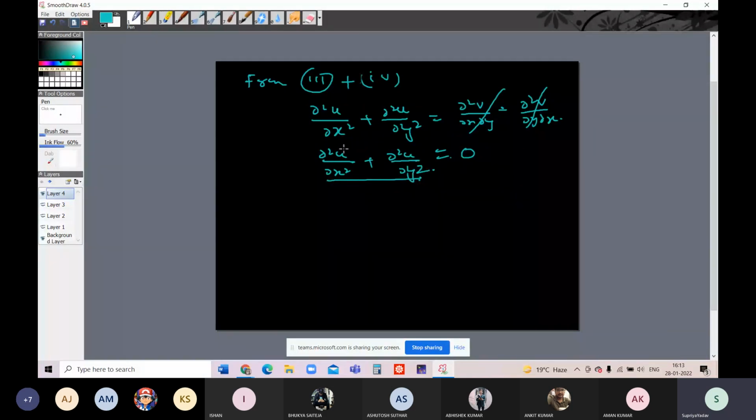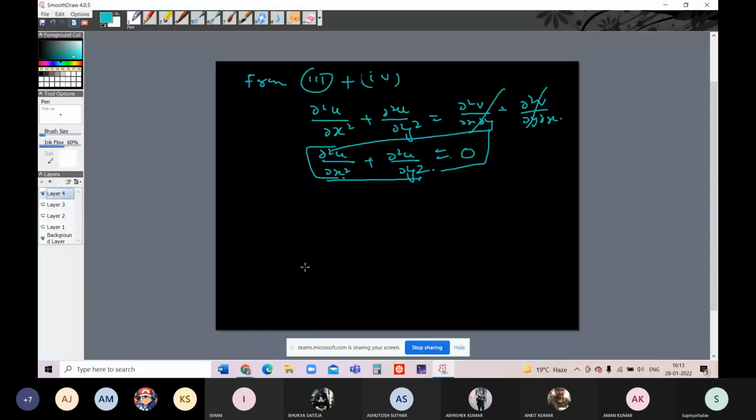In the same manner, we can also show that by using the CR equation, v is also satisfying the Laplace equation, by differentiating the first equation partially with respect to y, then the second equation with respect to x, and then adding them.